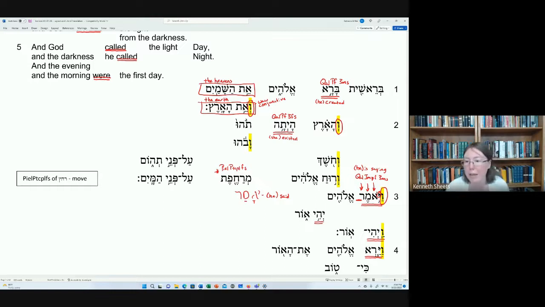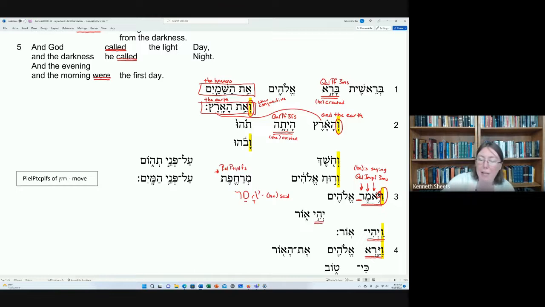Wow pointed with a simple vocal shewa, haaretz. And you can see very same word that we had up here, just with the and on the front of it. So and the earth existed, tohu wavohu, basically unformed and unfilled. So this here, it's a simple junction.